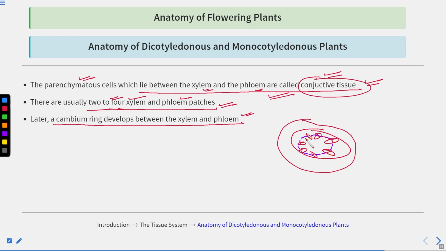So here you can see that earlier the cambium is present just within the vascular bundle. But later, in between the vascular bundles, this layer forms the intervascular cambium, and it makes a totally ring-like structure like this. So that is the cambium ring that develops between the xylem and the phloem.